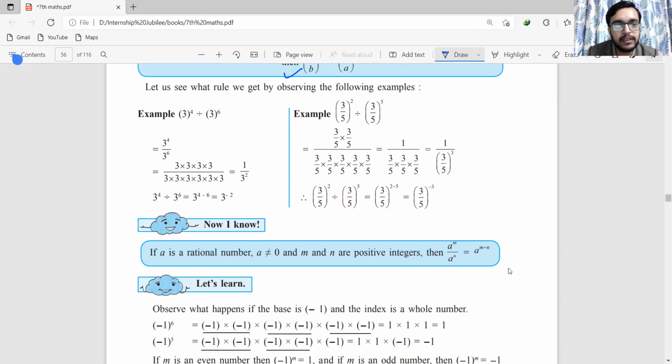Now 3 raised to power 4 divided by 3 raised to power 6, that is 3 into 3 into 3. As it is power 4, we multiplied 3 with itself 4 times, and here power 6, therefore we multiplied 3 with itself 6 times. Common 3s get cancelled.